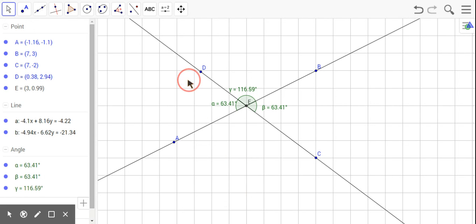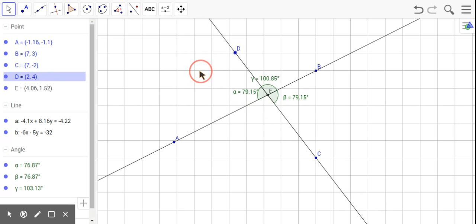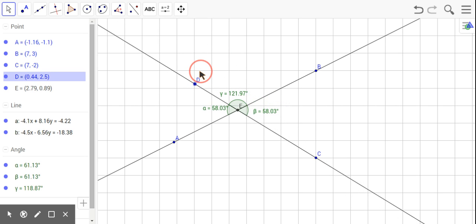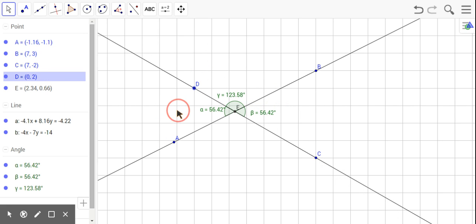Now, I want you to notice what happens with the new angle we just created, along with our 2 angles here. What do you notice with their measures? What do they add up to? What happens when you move? Is there some the same? So go ahead, pause the video, mess around with this, and see what your group comes up with.